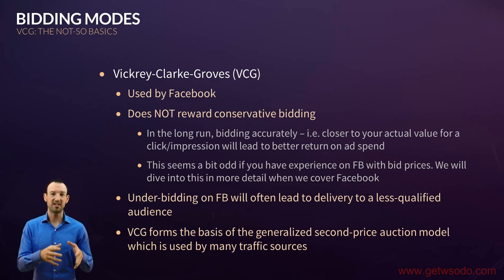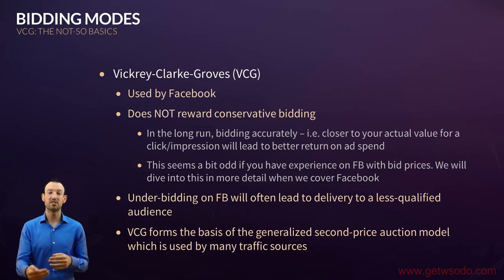Now, on Facebook, in VCG specifically, in the long run, at least according to the auction theory, bidding accurately, closer to the actual value of the item, i.e. the click or impression, will lead to a better return on ad spend. For many of you who have any experience with Facebook, this will seem relatively odd.